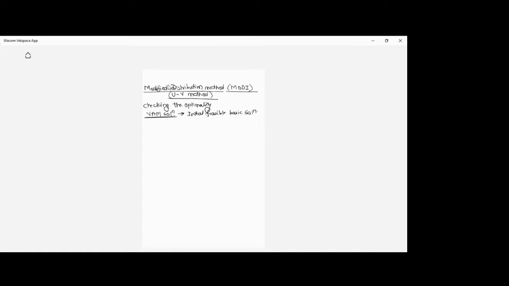In the VAM solution, we had 4 distribution centers, 1, 2, 3, 4, and we had 3 sources. There was a supply constraint, and there was also a demand constraint.